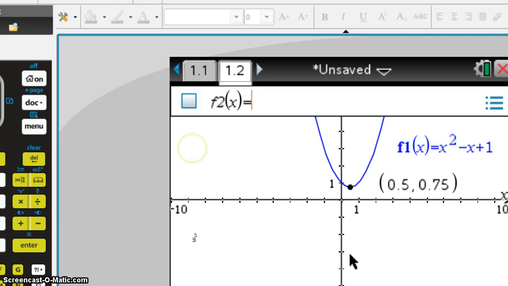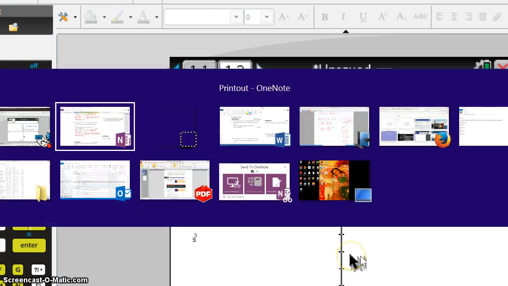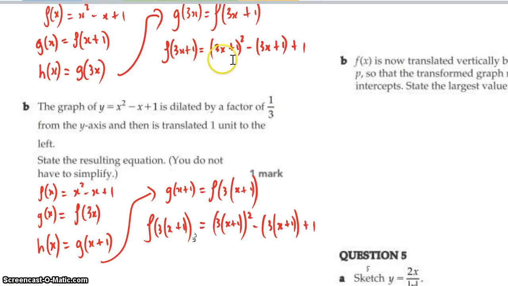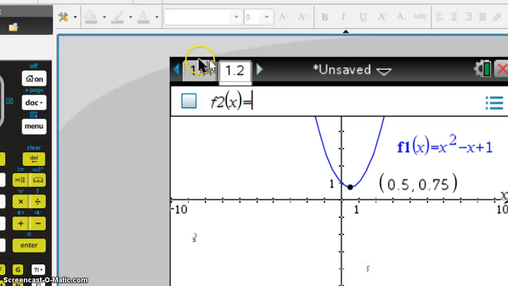So then the next thing I'm going to do is transform it. I'm going to first do the first one, which was here. So f of 3x plus 1. So I can do f1, because that will take me back to the first graph, and then 3x plus 1. Let's just have a look and see what happens here.